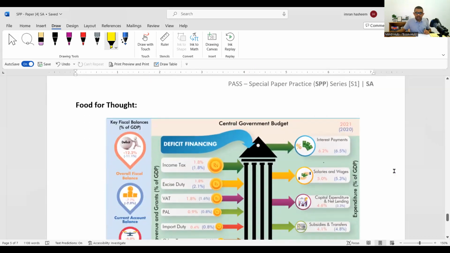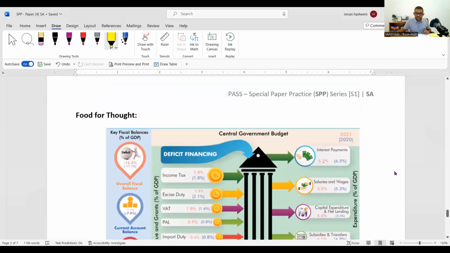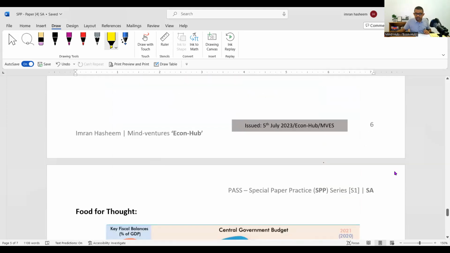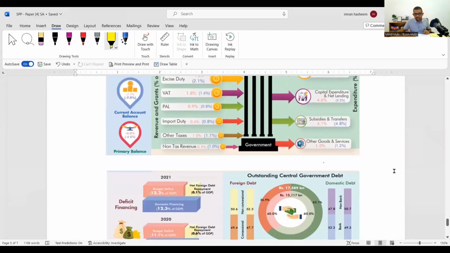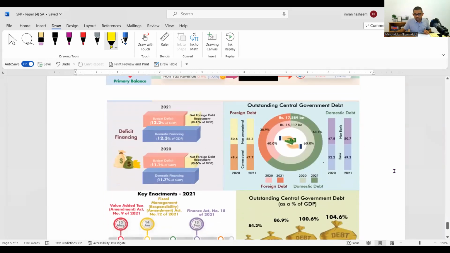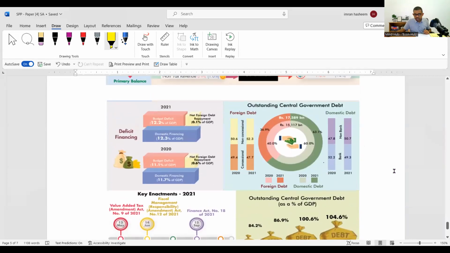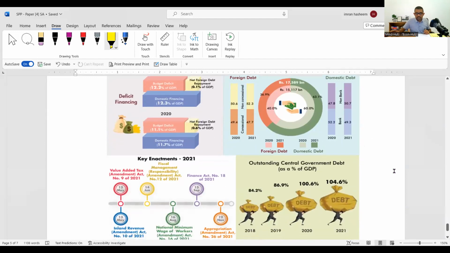In the 2021 annual report, the debt to GDP ratio for 2021 is not 100.1. Sorry, it is 104.6.